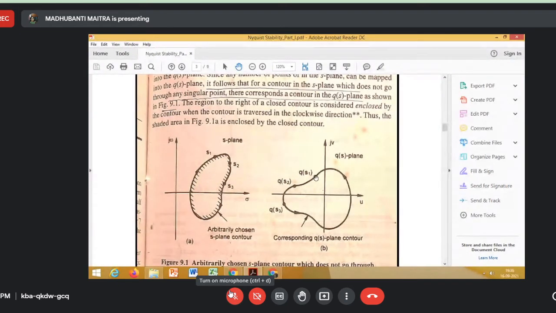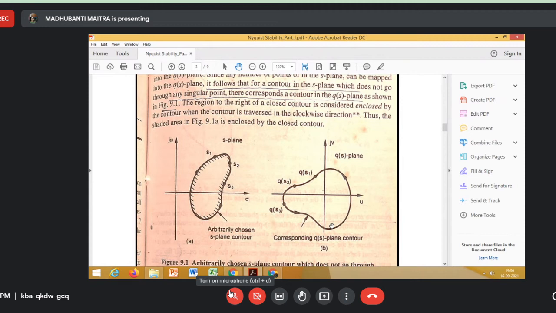So that means if we take a closed contour on the S plane, which does not pass through any singular point of QS, then on the QS plane we'll get a closed contour like this. So far, is this clear?